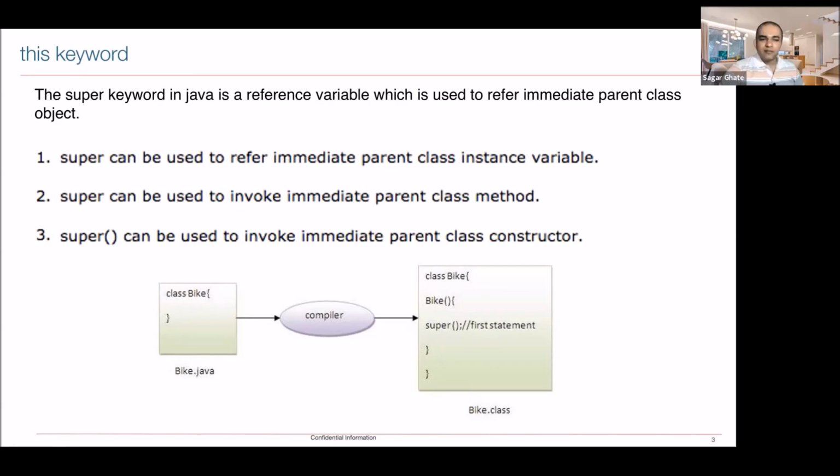So suppose I am having a class bike, and when I am creating a constructor of that, super can be the first statement, and we will be seeing either super or this can be the first statement of your constructor. We cannot have any other statement apart from this or super in the first line of a constructor. That is what your compiler will always take care of. When we do more examples, it will be more clear.